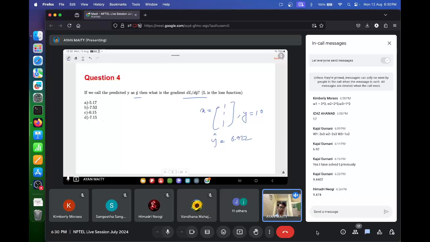And the loss function we are using is the squared loss function, y hat minus y whole square.